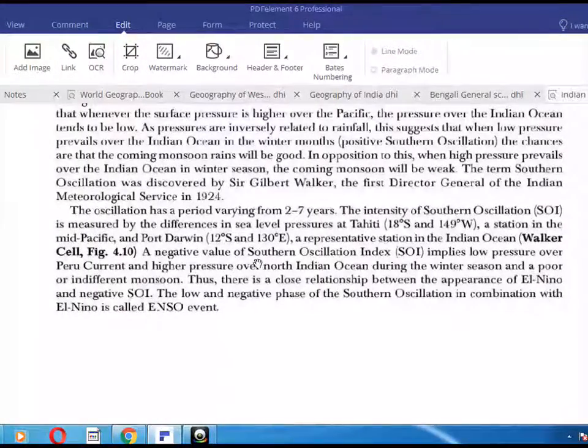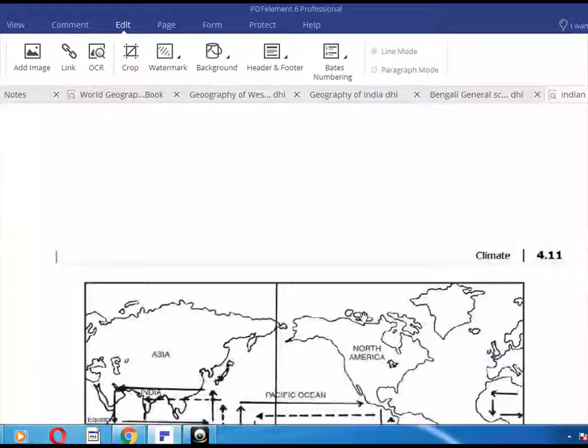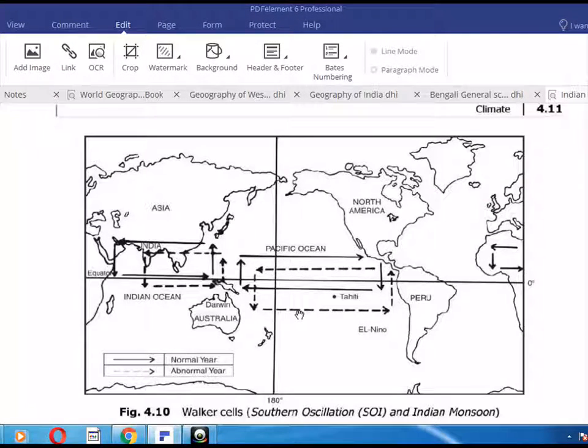A negative value of the Southern Oscillation Index implies low pressure. It mainly happens with low pressure and pressure difference. Water temperature is the important thing here, and mainly the temperature of the winds. So these are important things.